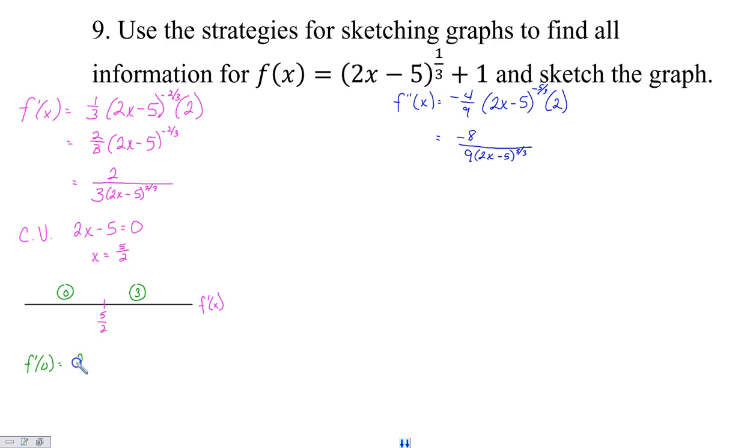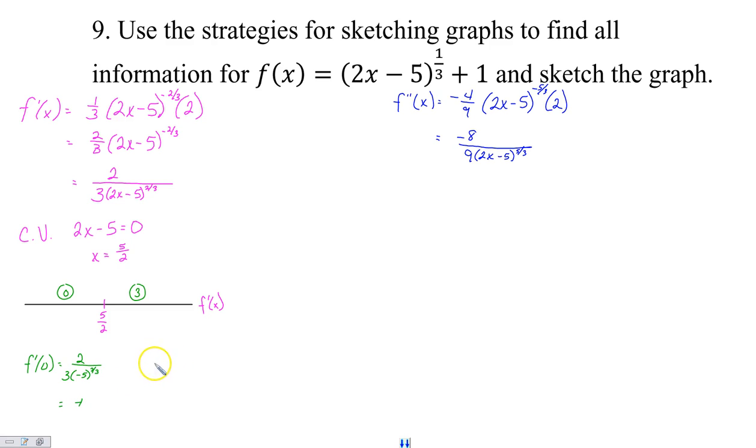So if I plug in 0, I have 2 over, and it's going to be 3 times, that's going to turn that into negative 5 squared, and then the cubed root of this. So if I square negative 5, that's going to be a positive number, and then I take the cubed root of it, it's going to be a messy fraction, but it's going to be positive.